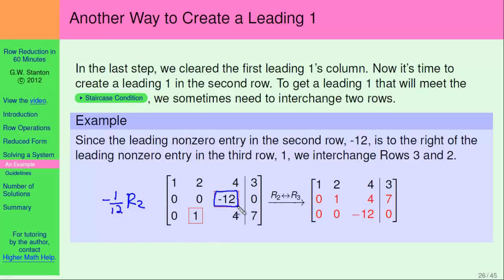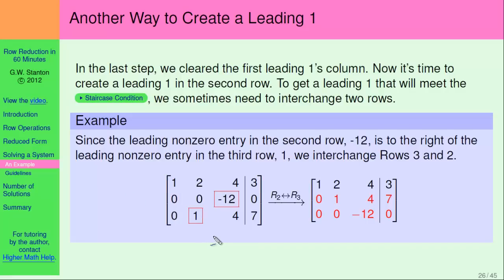However, once we turn that negative 12 into a 1, we can see that our leading 1s will not form a staircase. And so if we anticipate that, we have another option for creating the leading 1, which is to interchange 2 rows.